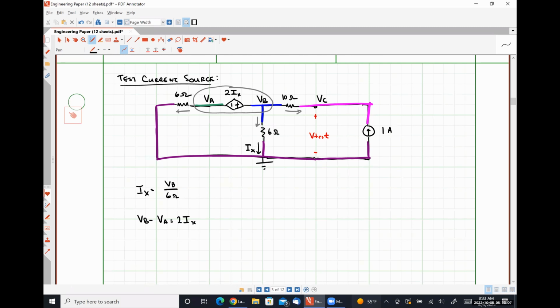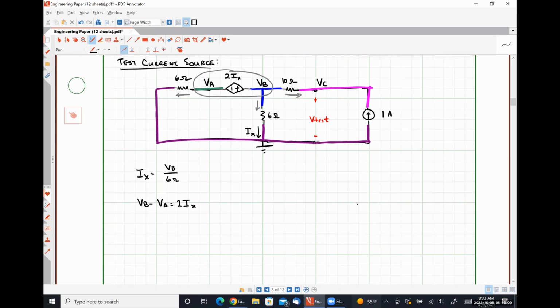We have a KCL relationship at our supernode that is going to be VA over 6 ohms plus VB over 6 ohms plus VB minus VC over 10 ohms is equal to 0.